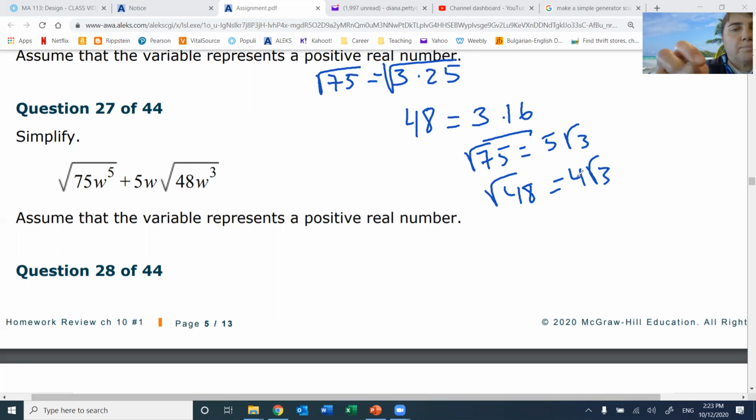This is the prequel, the work you do before you do the actual thing. So 75 comes out as 5. But what happened to the W? How many W's can you take out? There are 5. How many groups of 2 do you have in the 5? 2 groups of 2, right?